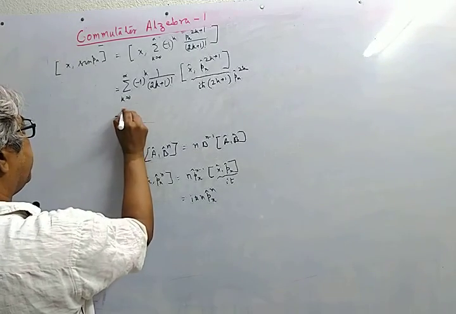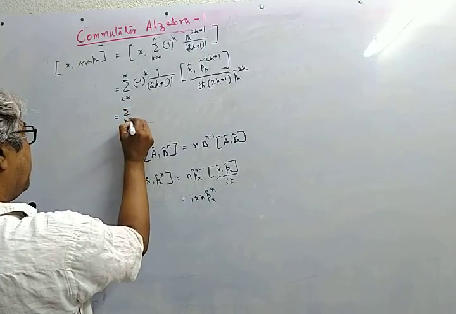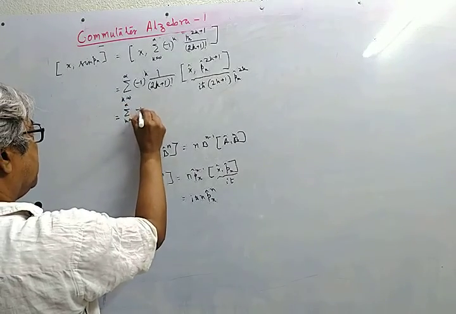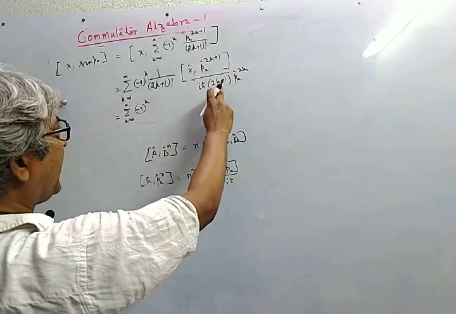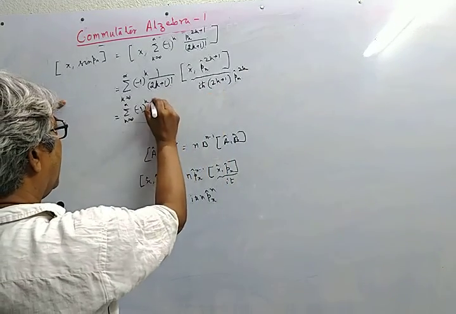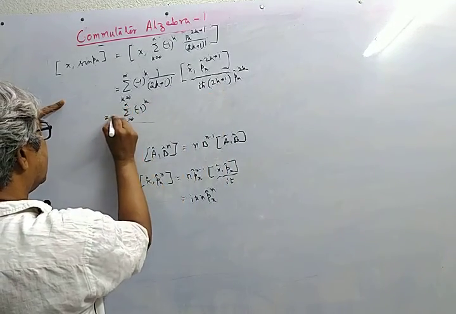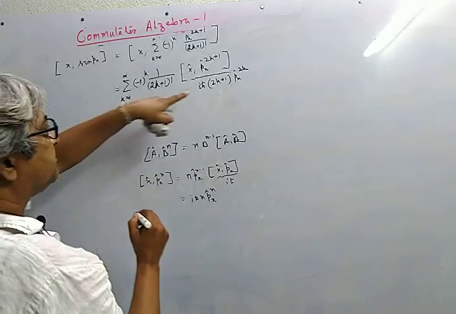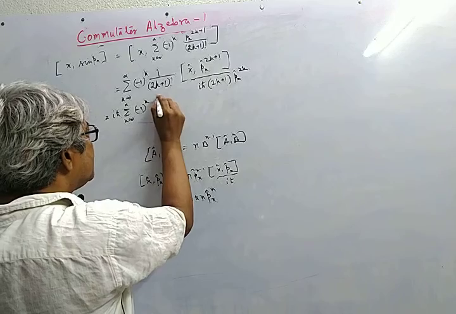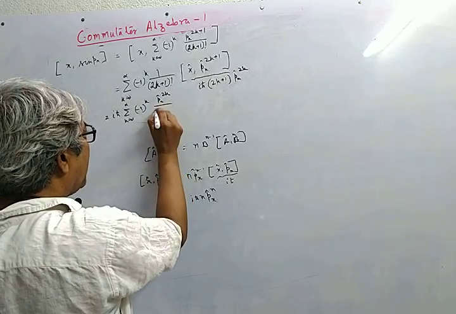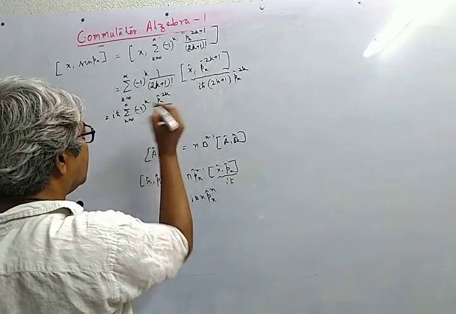So this part becomes the sum over k from 0 to infinity of minus 1 to the power k. With 2k factorial in the denominator, i h cross is taken out of the sum, and this makes it px to the power 2k by 2k factorial.